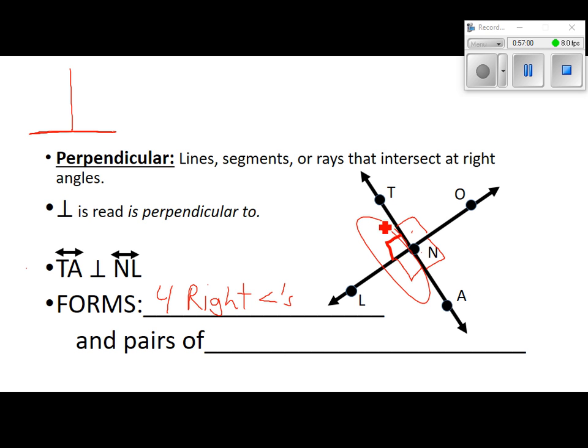What are these two angles together? Complementary? Supplementary. They're adjacent supplementary angles, or what's another name? A linear pair. So pairs of supplementary angles or linear pairs you could use.